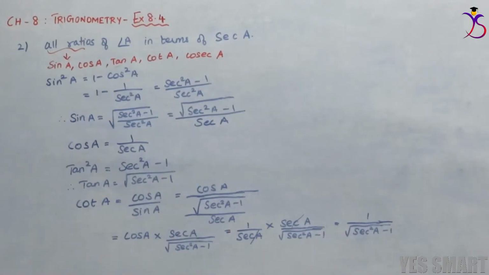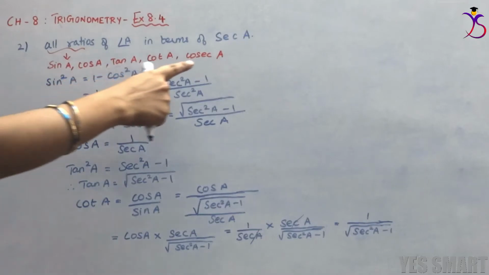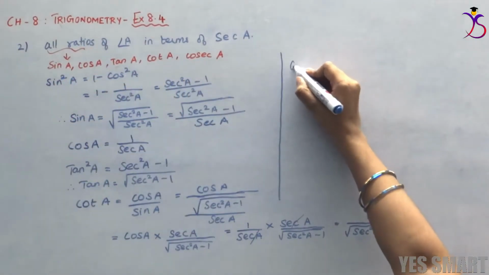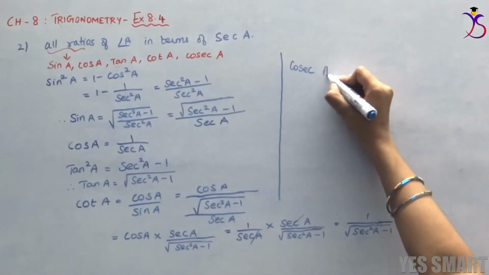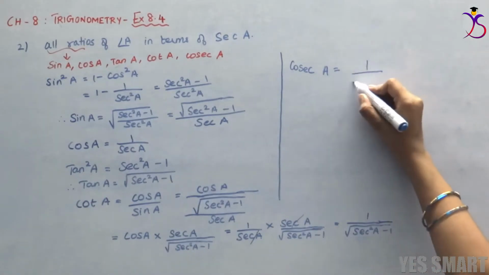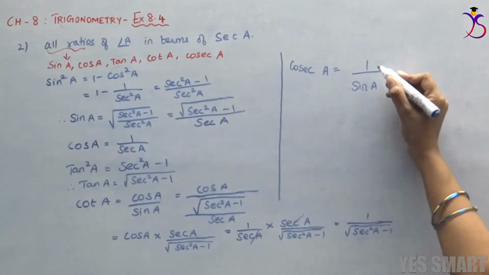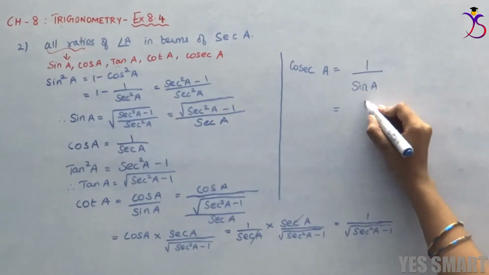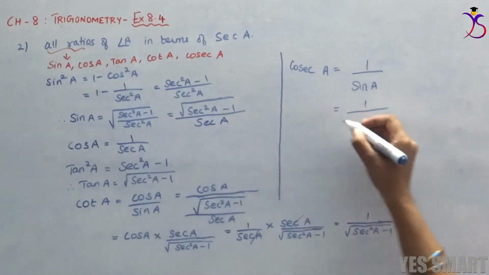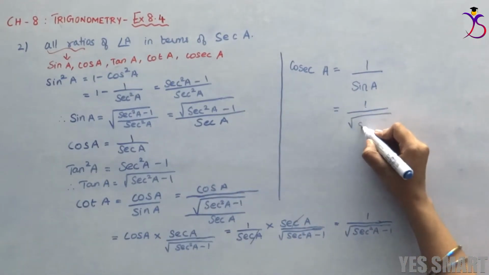Now moving on to the last remaining ratio, cosec A. Cosec A equal to 1 by sin A. This is equal to 1 by, we already knew the value of sin A, so I am just substituting the value of sin A here.